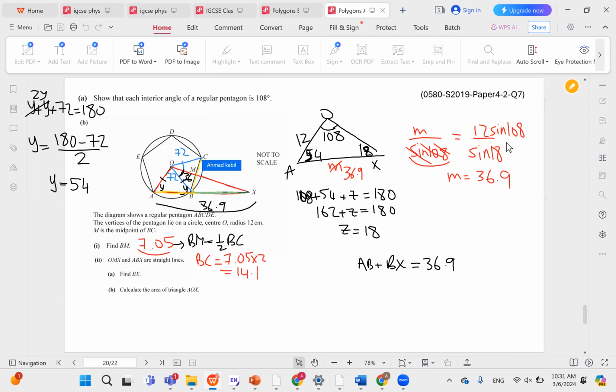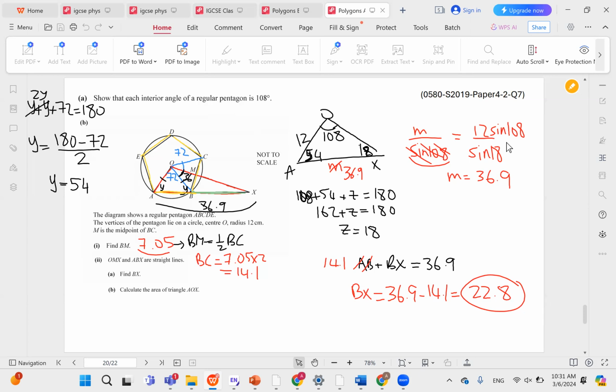Each side is going to equal 14.1. So therefore, AB itself equals 14.1 as well. And now we can get BX as 36.9 minus 14.1, and that will equal 22.8. So that's the size of BX.